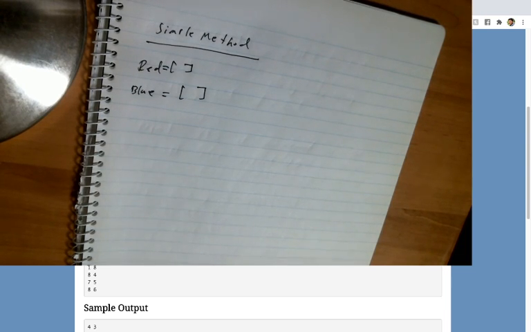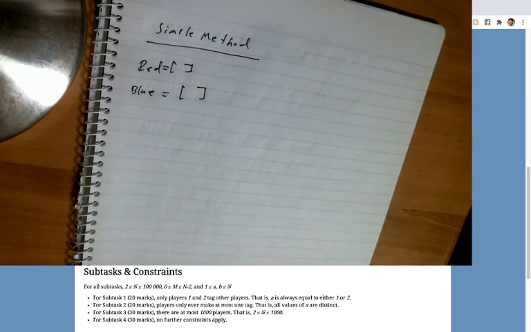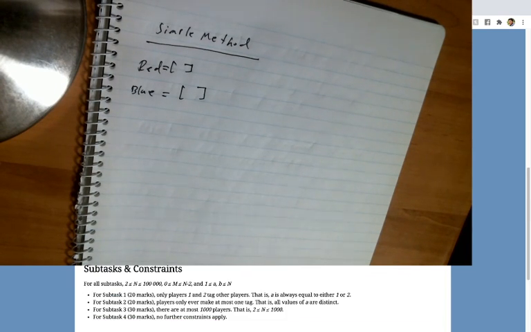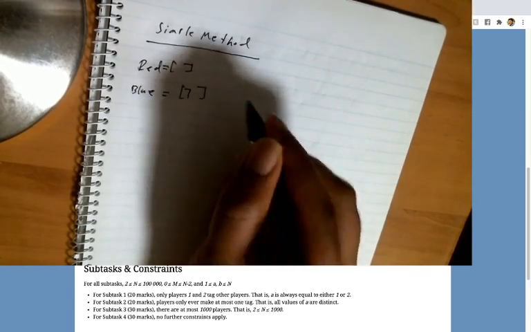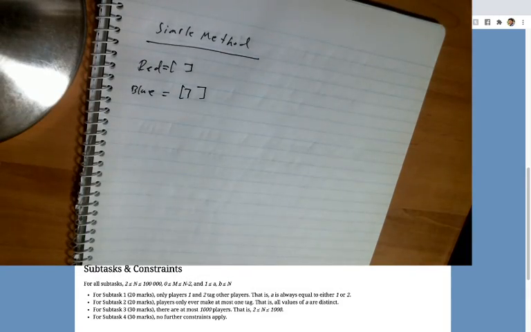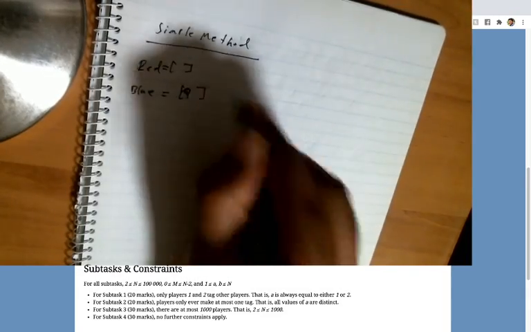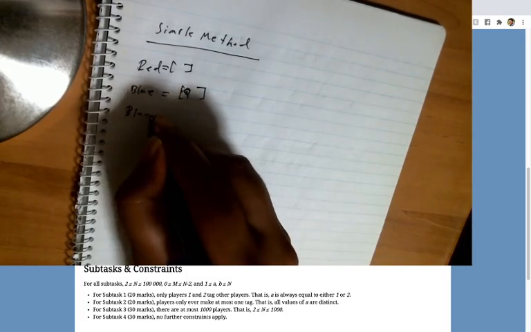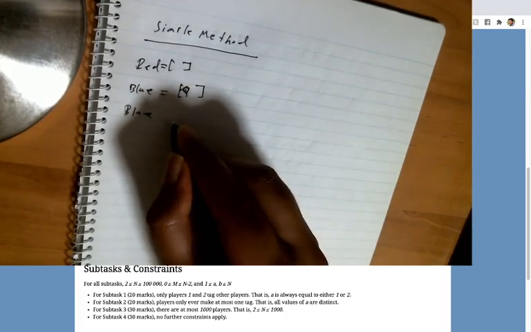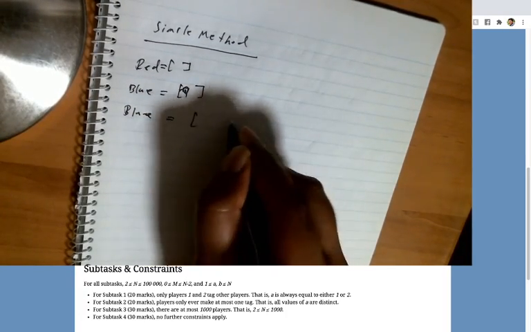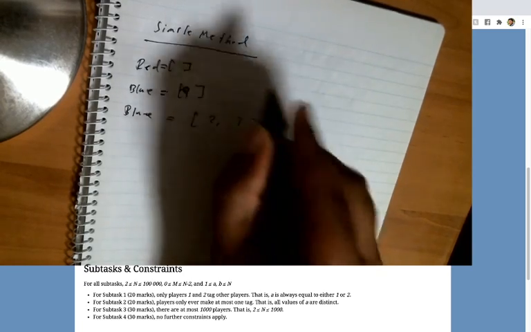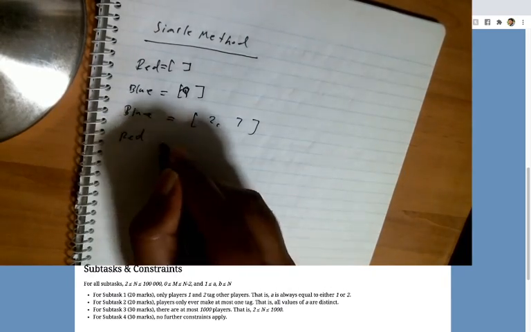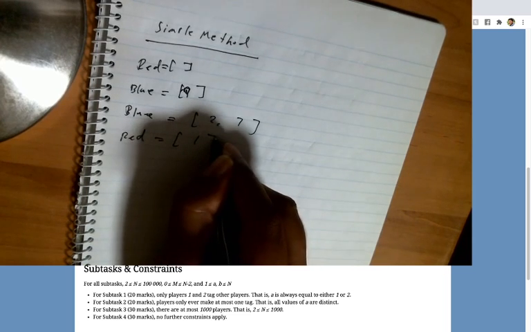So if we have 2 and 7, 2 is on the blue team, so 7 is now on the blue team, and we'll put 7 here. Let's write this a different way. So blue will now be 2 and 7, and red will now be just 1 right now.